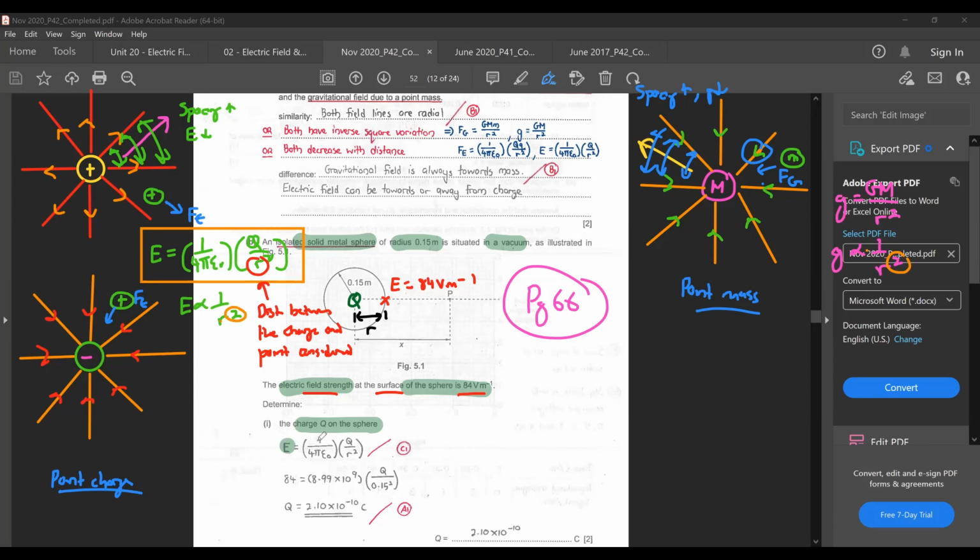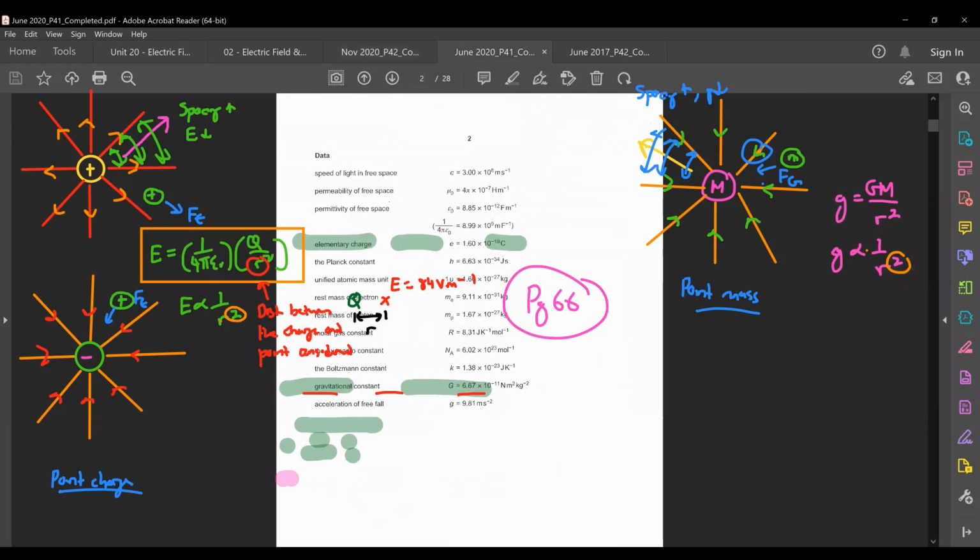E equals 1 over 4 pi epsilon naught Q over R squared. Your field strength is 84. Your 1 over 4 pi epsilon naught, you can get from the second page of your data sheet, the second page of your exam question actually. It's given as this. They also give you epsilon naught itself, but it will be easier to use this straight away.